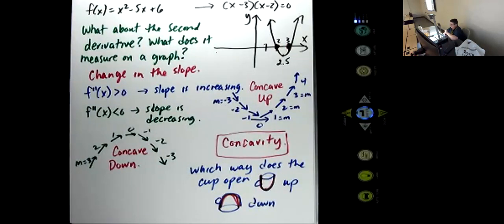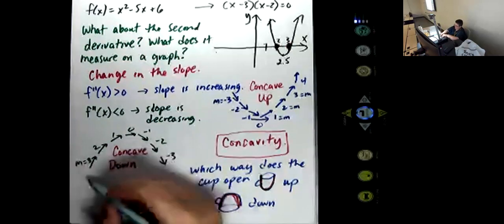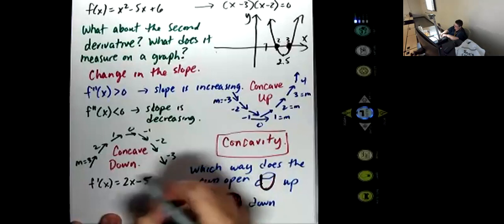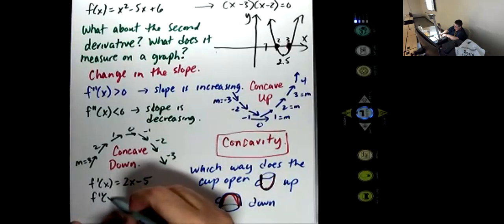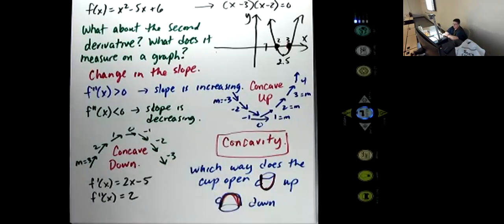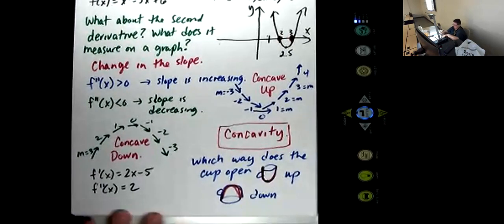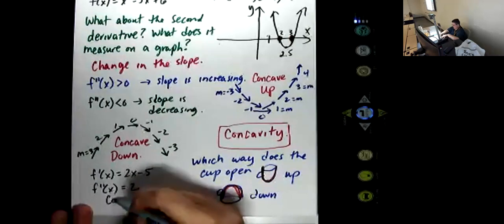So looking at that function we did up there, we had f prime of x equals 2x minus 5, and the second derivative was just 2, which means it's concave up everywhere.